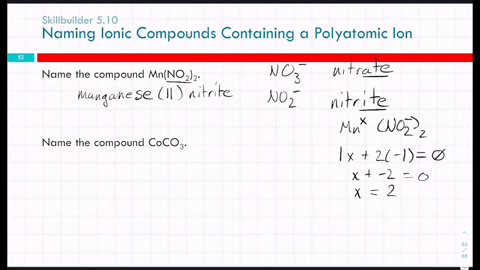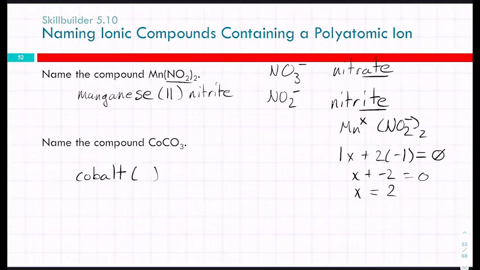So for this next one, any guess what this one is? Cobalt, a super important metal for making touch screens. But cobalt is also a transition metal and not in our list, so it'll have some charge that we'll have to determine.